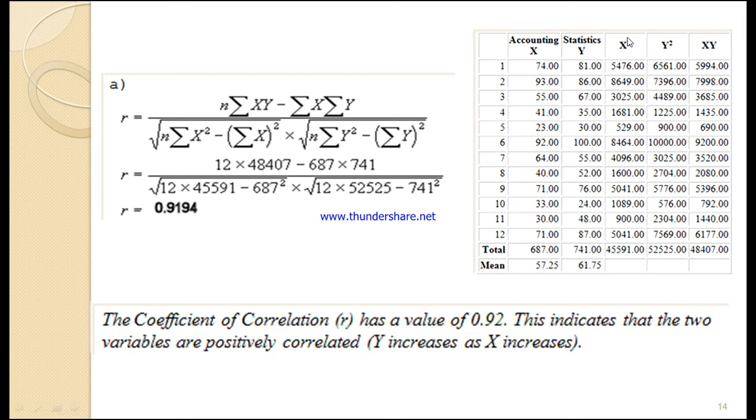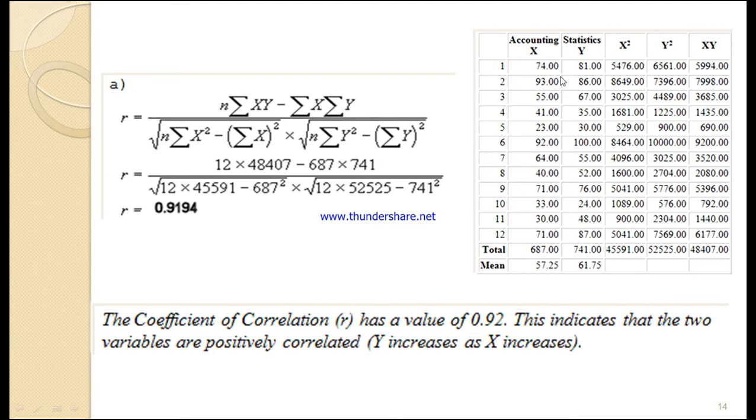Here the total for the x square column is about 45,591, minus the sum of x, which is about 687, then we square it, times the square root of n, which is 12, times the sum of y square. Here the total for the y square column is 52,525, minus the sum of y.